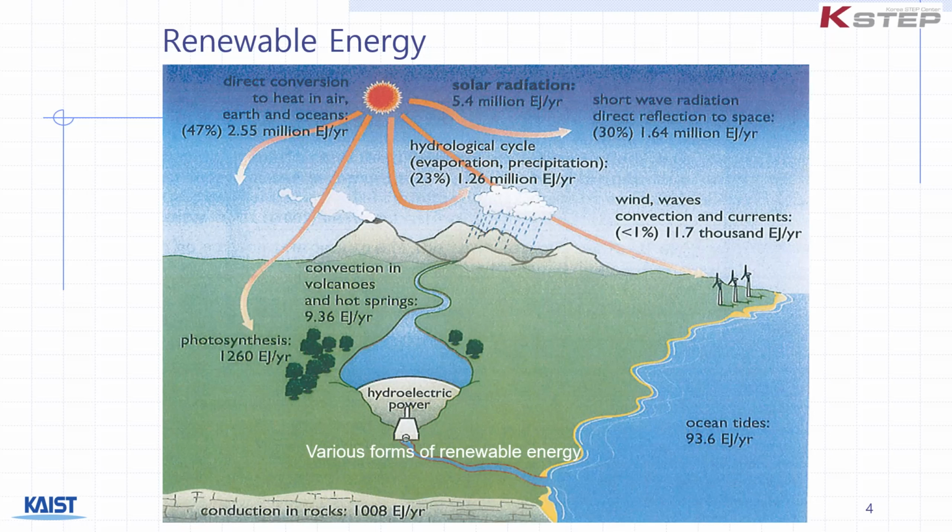And then on the right-hand side, solar radiation, short wave radiation, and hydrological cycle is 23%. Short wave radiation is 30%. The others are very small. But there still is hydroelectric power, ocean tide, and convection.